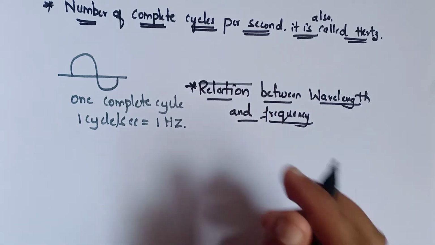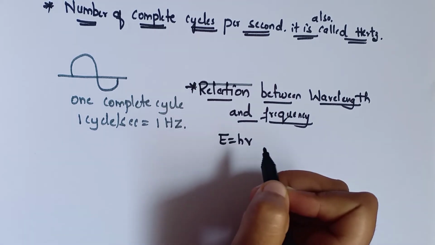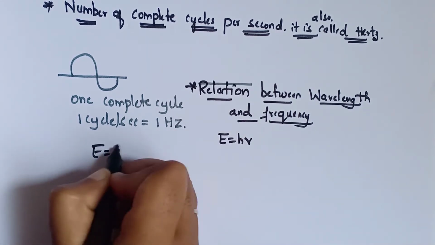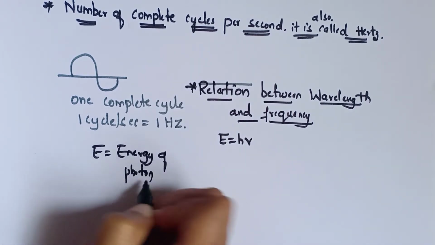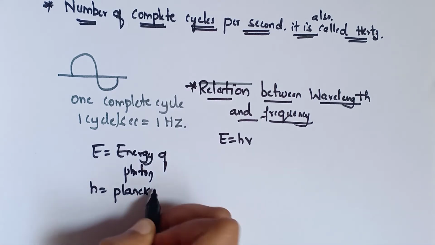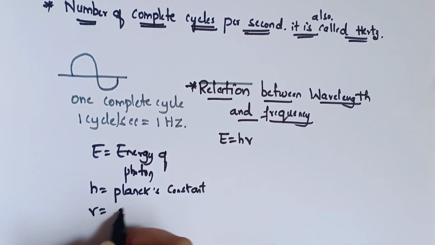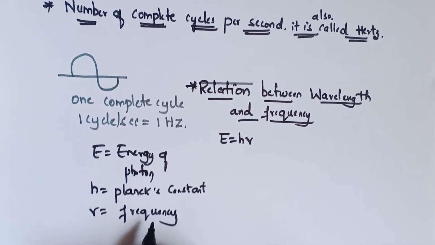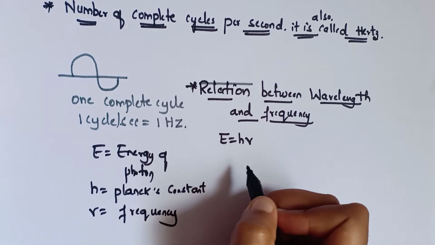Now we know that E is equal to h nu. Here E is the energy of the photon, and h is Planck's constant. And here nu is the frequency. That is, energy of photon is equal to Planck's constant into frequency.